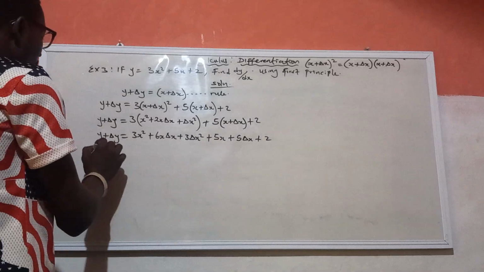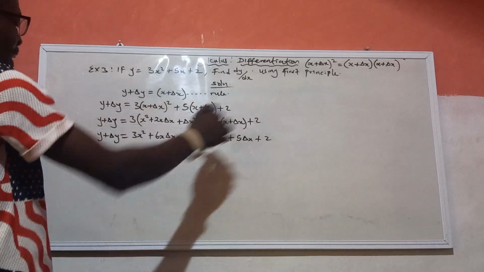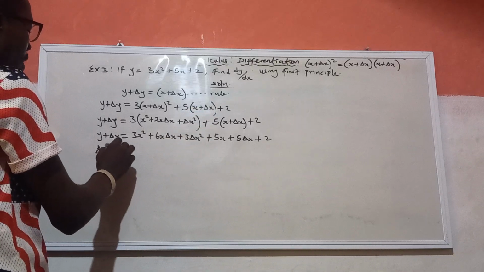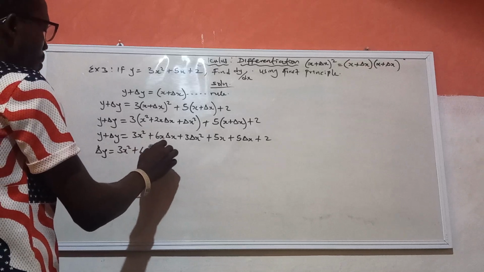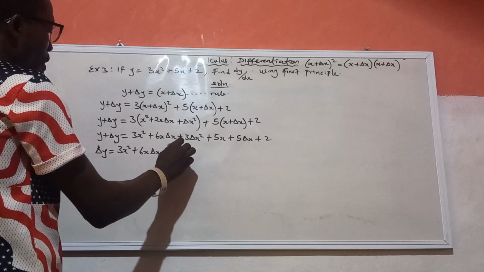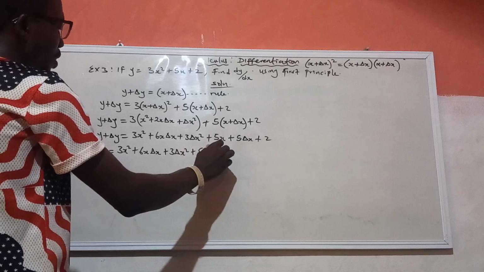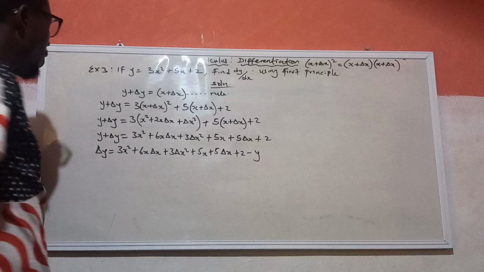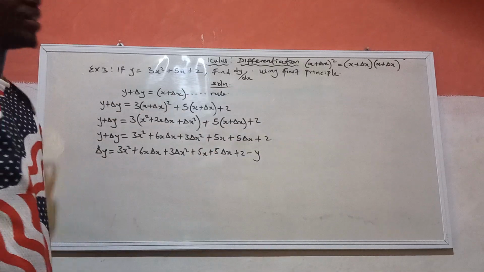So I can say that this y comes to the other side as we used to do. So change in y equals 3x squared plus 6x change in x plus 3 change in x squared plus 5x plus 5 change in x plus 2 minus y. As you can see, I have brought this y here, and it has become minus y.